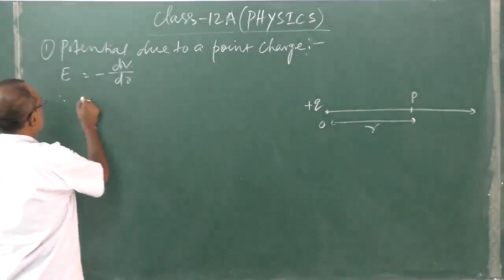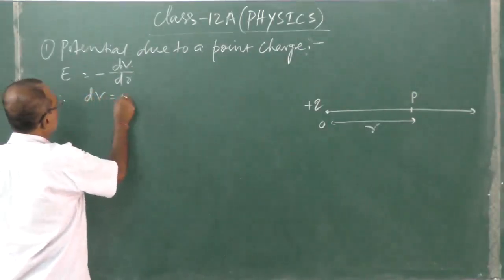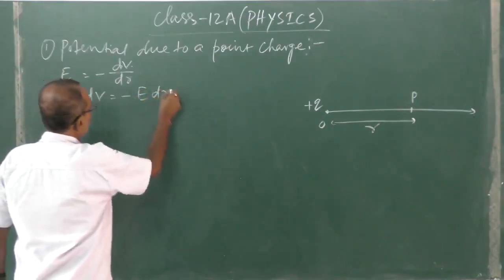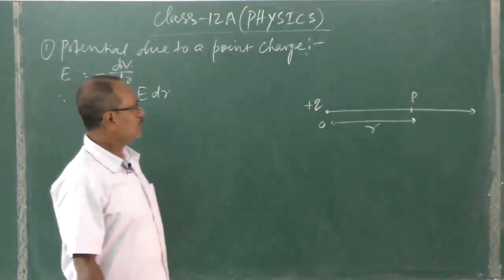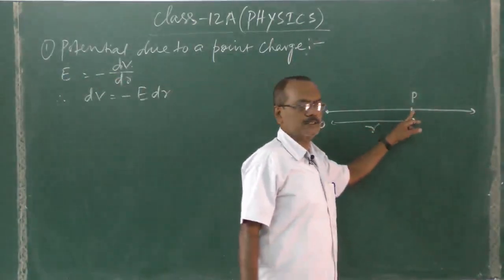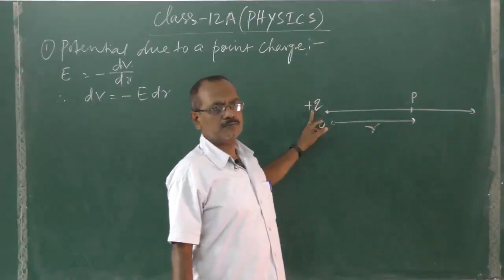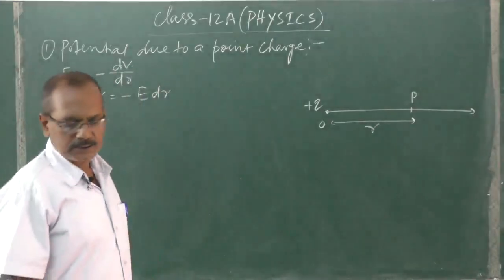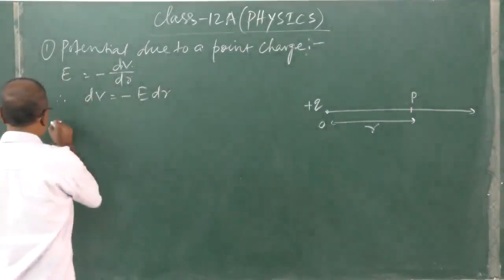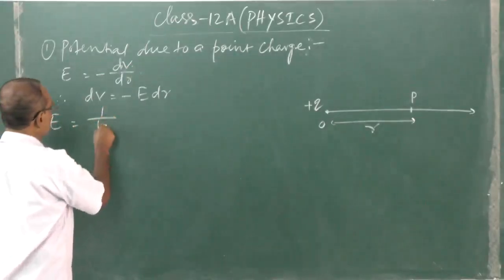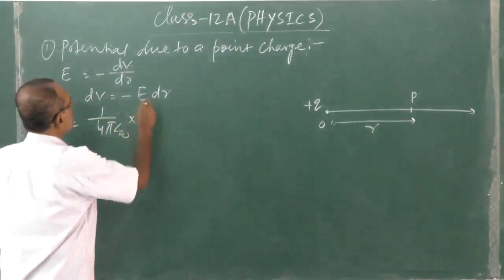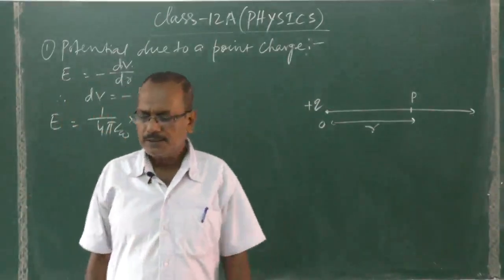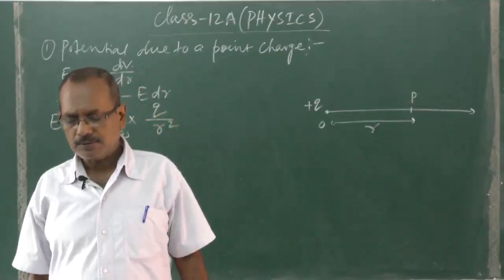So dV is equal to minus E dr. Also, the electric intensity at P due to charge Q is E equal to 1 by 4 pi epsilon naught Q by R square. This one we know.